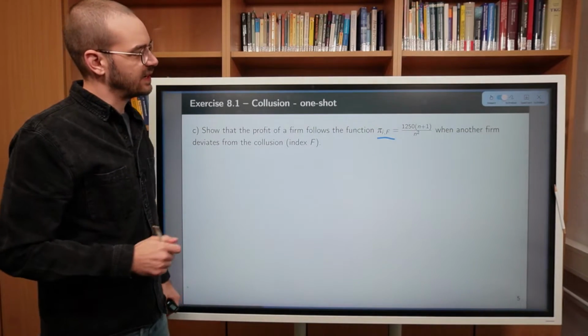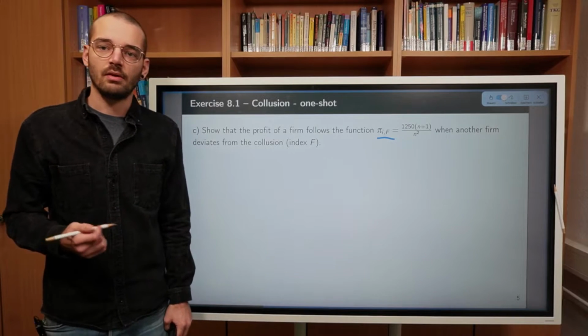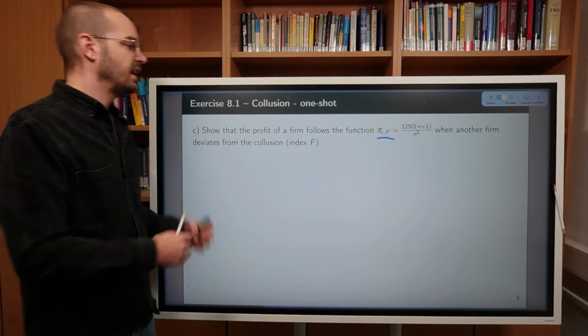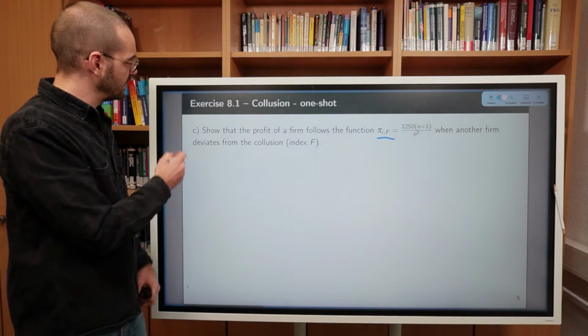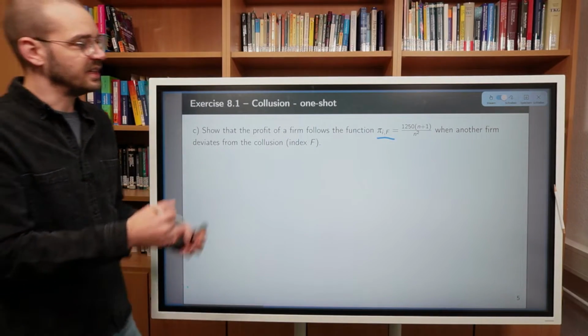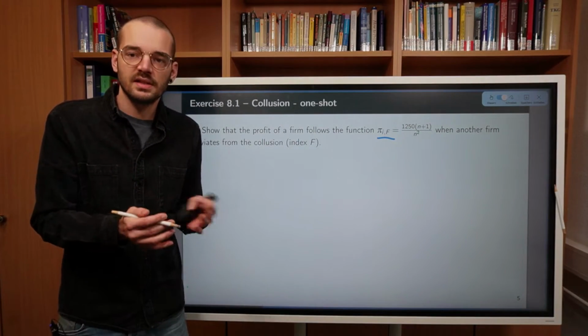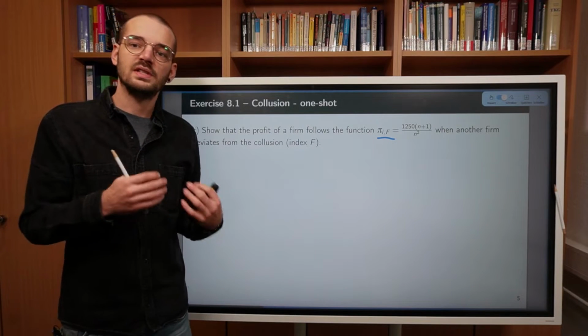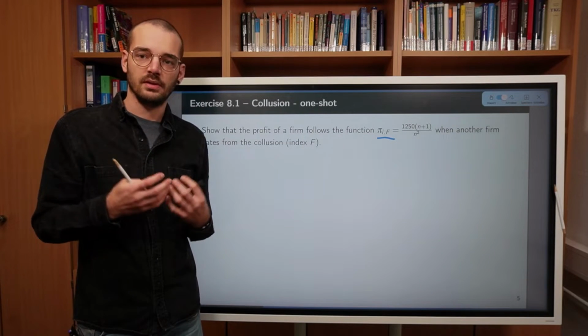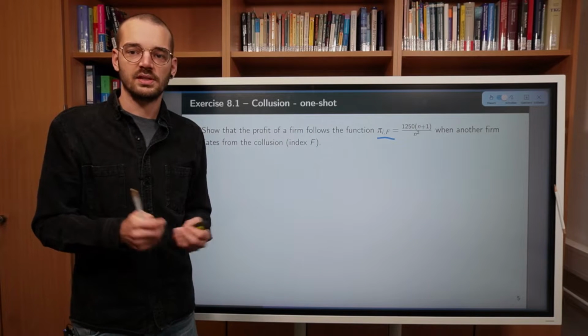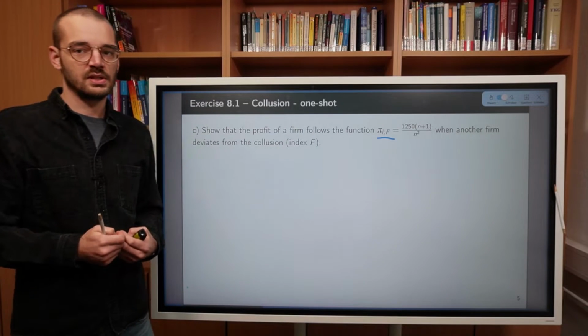And in the previous task, we calculated the profits of the firm that deviates. In contrast to this, we are now interested in the profits of the individual firm that is not deviating, but instead which is sticking with the agreed quantity, which is sticking to the collusive strategy.